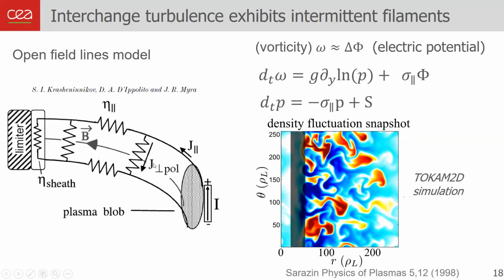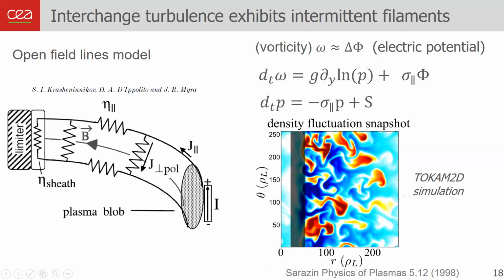Also, the current conservation can be translated into a vorticity conservation equation. Vorticity here is the Laplacian of the electric potential. So this is already a rough approximation of the real system, but the time derivative of this vorticity is given by something we call curvature, this J parameter, which describes this curvature charge separation effect. So you have a drive for polarization or vorticity, and this is again balanced by parallel losses.